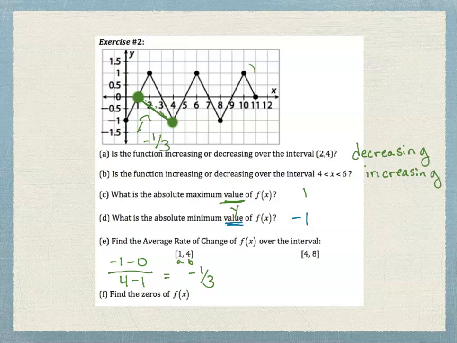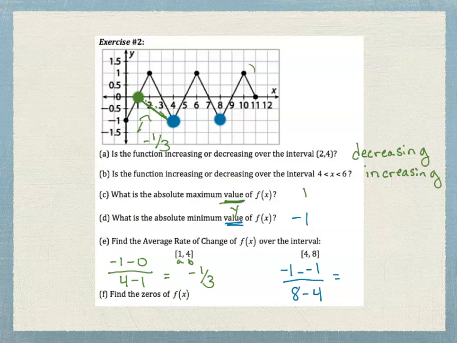What's the average rate of change from 4 to 8? Let's do it again. At 4, my function is right here, and at 8, my function is here. You might be able to see visually what the average rate of change is, but let's do it mathematically. The function value at 8 is negative 1. So I'm going to say negative 1 minus negative 1 over 8 minus 4. f of b minus f of a over b minus a.